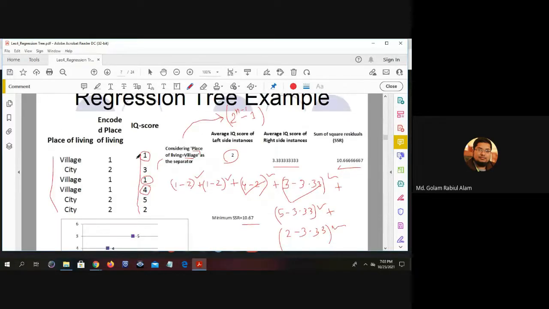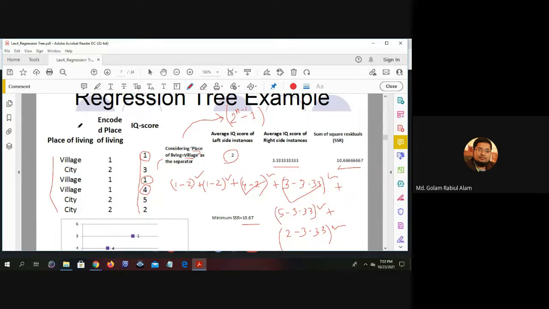Now, what do we have to do? We have to consider the next variable. In our data set, we have two independent variables and one dependent variable. Between the two independent variables, one is age.